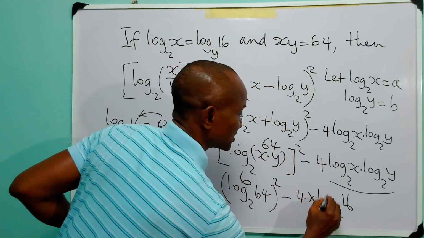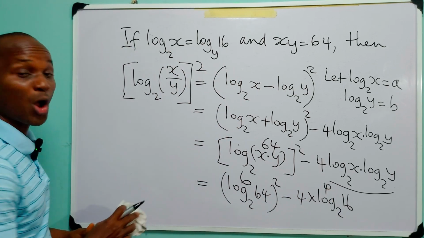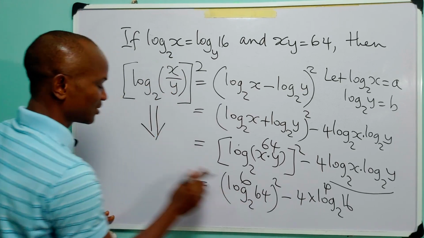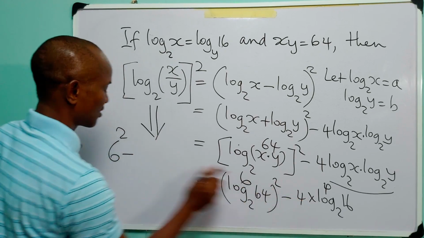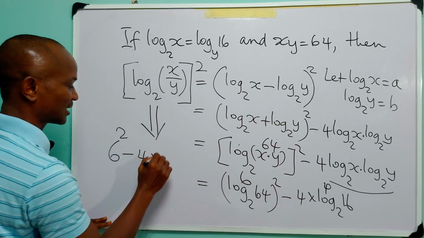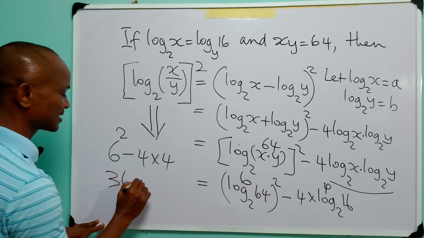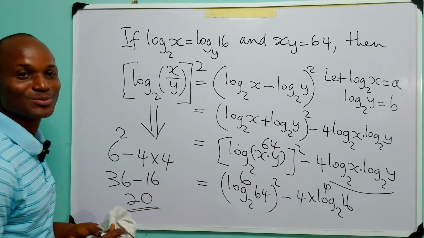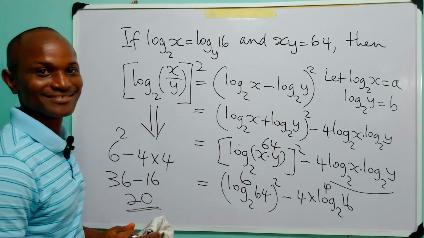So this quantity is equal to 4. So ultimately, we have 6 squared minus 4 times 4. And this is 36 minus 16, and that is equal to 20. So this is equal to 20.